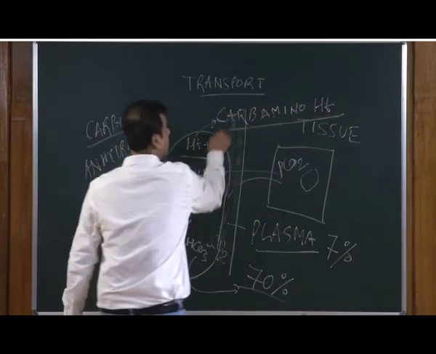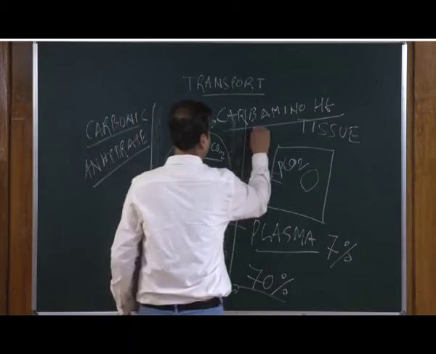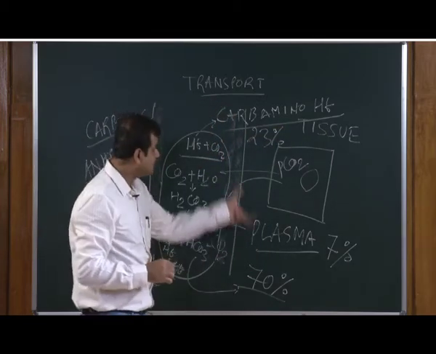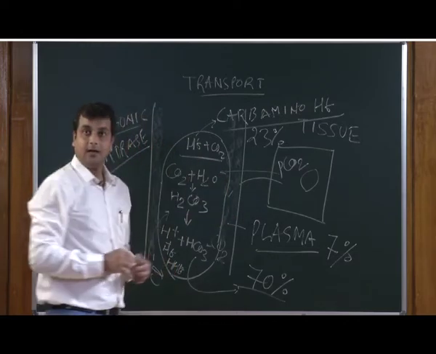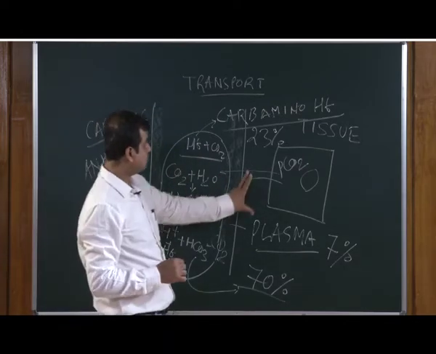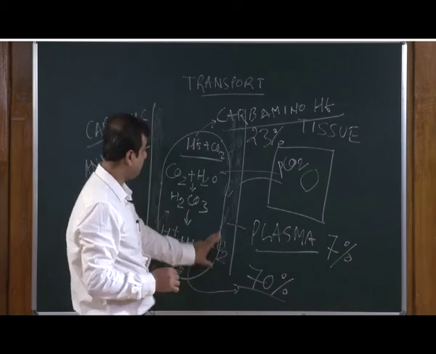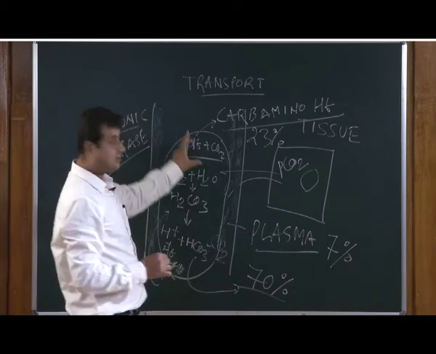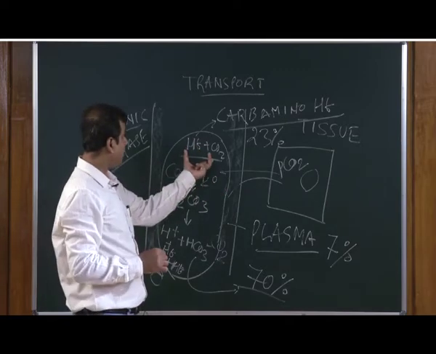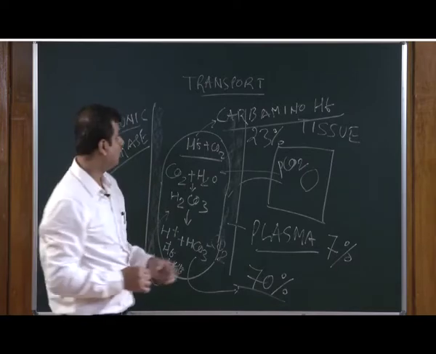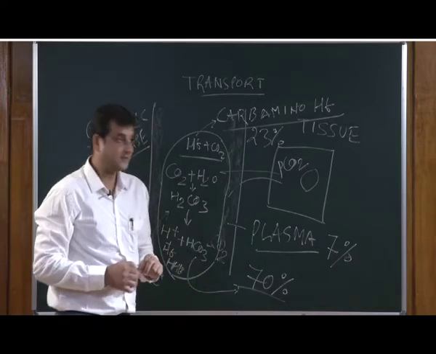So, carbaminohemoglobin comprises 23% of the remaining CO2 exchange from the blood. So, CO2 is totally transmitted in three forms: plasma 7%, bicarbonate 70%, and CO2 in combination with hemoglobin in the form of carbaminohemoglobin, approximately 23%.